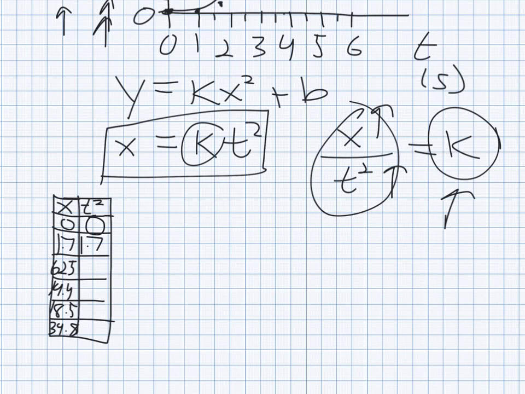Well, that's interesting. 2.5 squared is 6.25. Interesting. And as I bet you can see the rest of the pattern here.